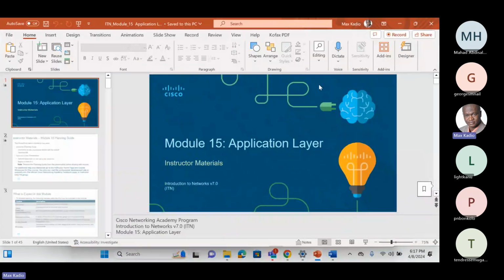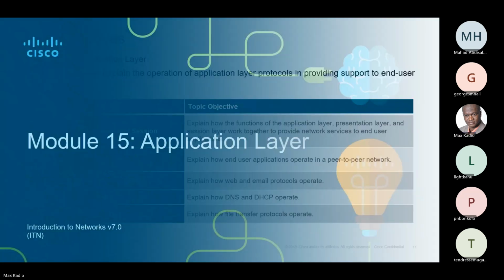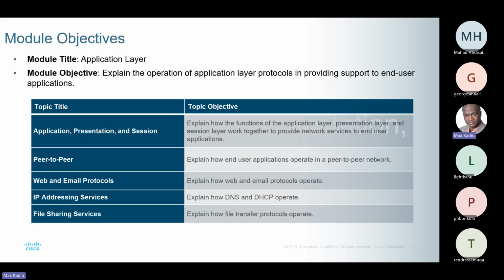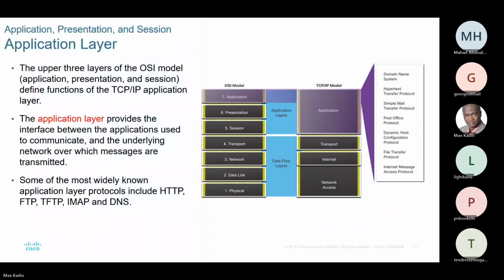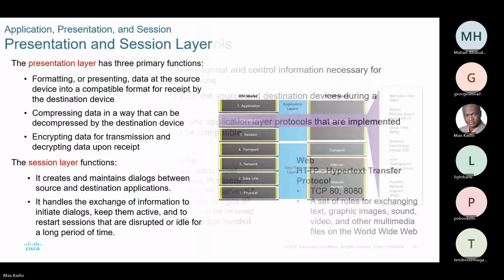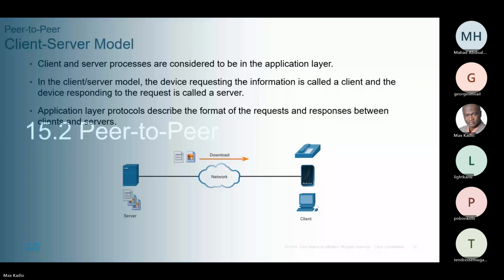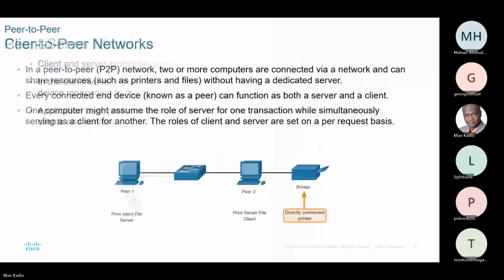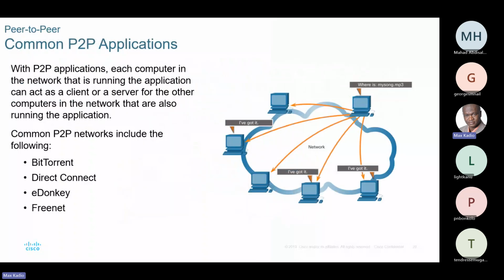Let me check what we can. I think we did it, no? Application, presentation, session. I think we did this one. Yeah, we did this one. This could be too much information, but I give you what's most important.